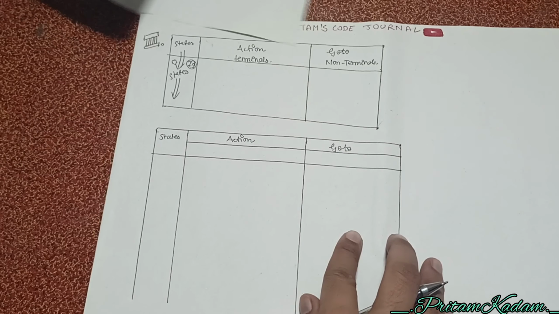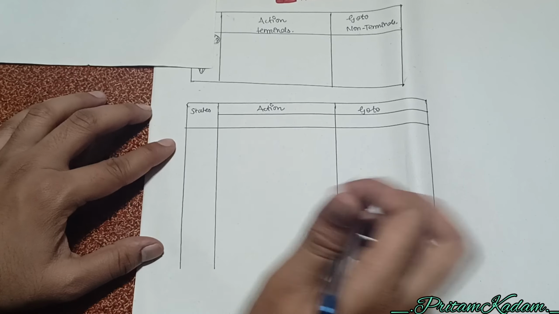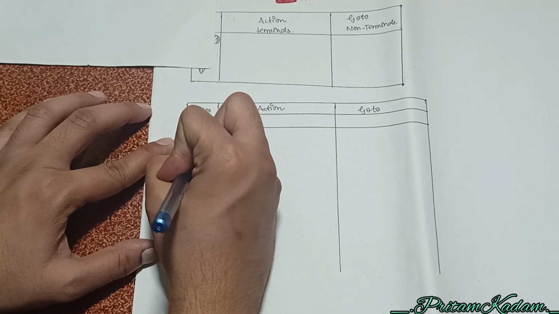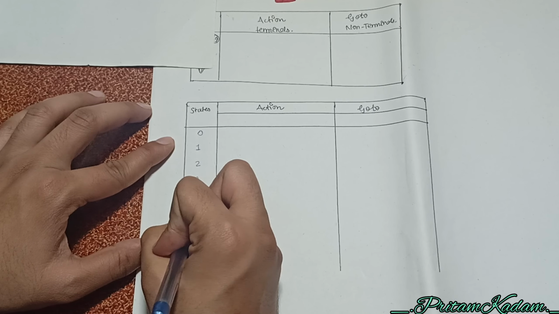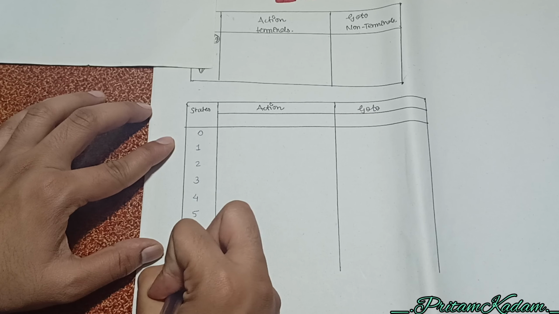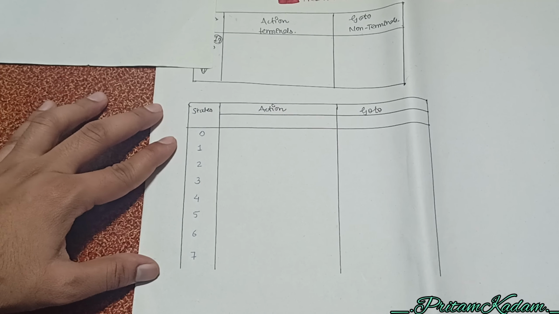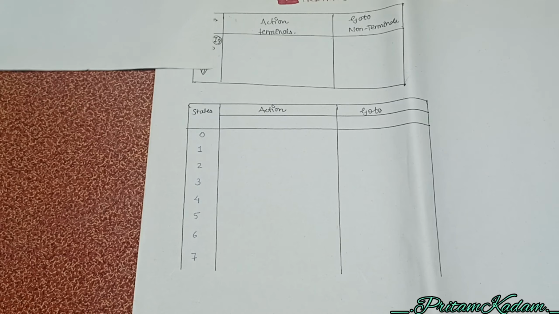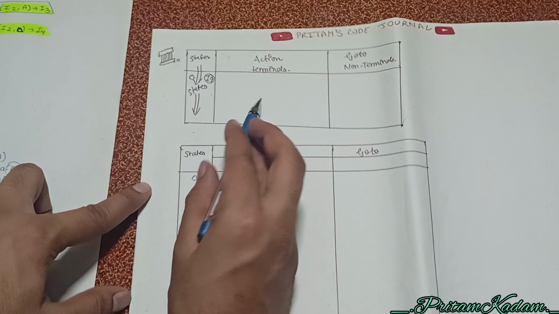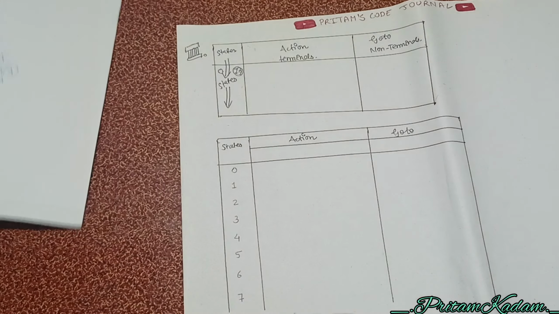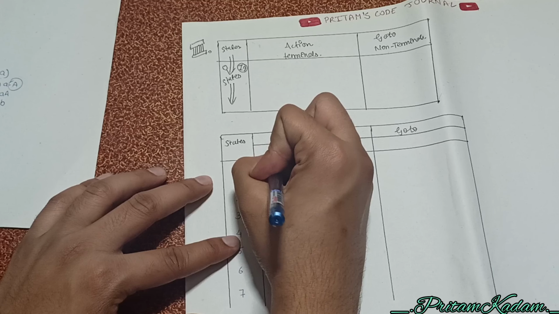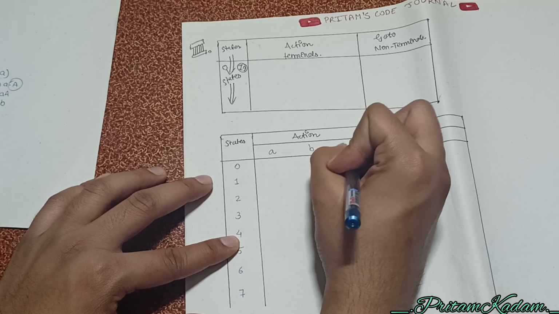There are 7 states, so I will write from 0 till 7: 0 1 2 3 4 5 6 7. Now I will write the terminals. How many terminals are there? There are small a, small b, and the dollar part, which we included in the follow. So small a, small b, and the dollar.